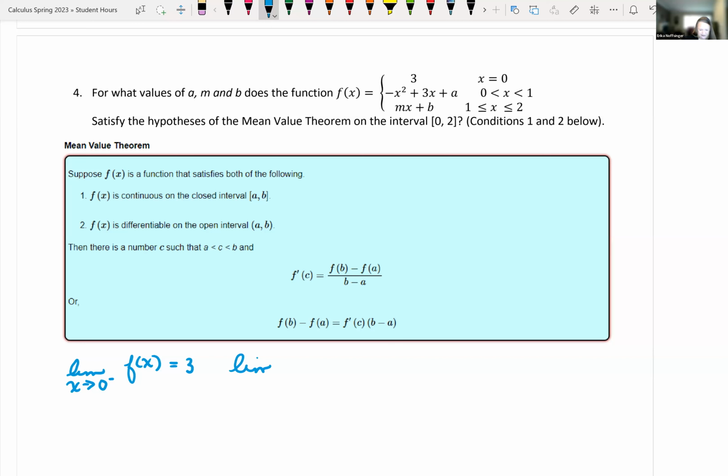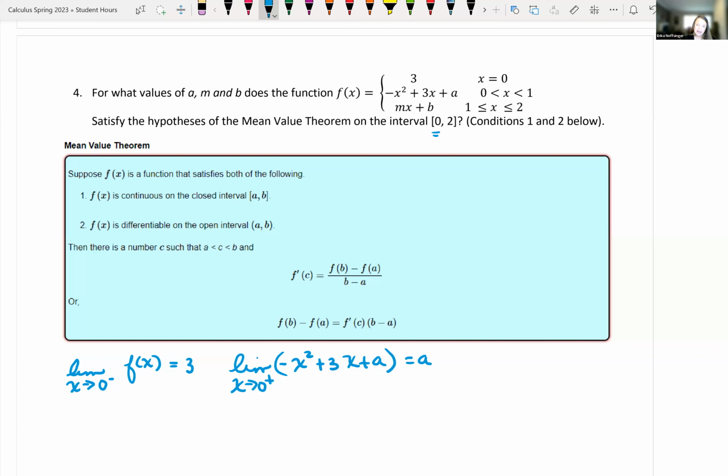If I look at the limit as x is approaching 0 on the right, that tells me to use the second equation, negative x squared plus 3x plus a. So if I did direct substitution, I would get that the limit is equal to a.